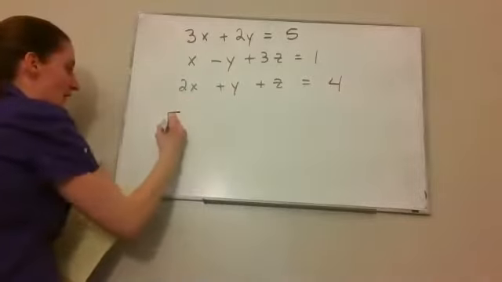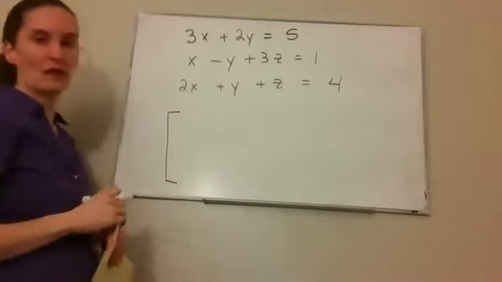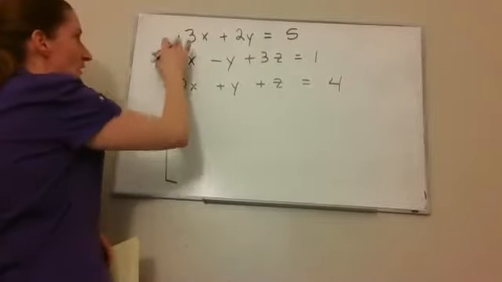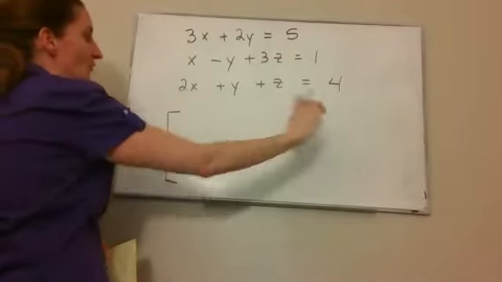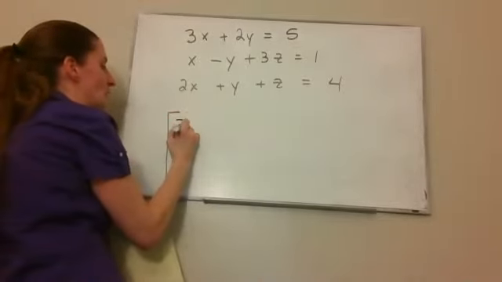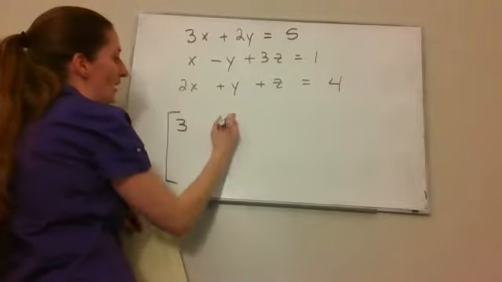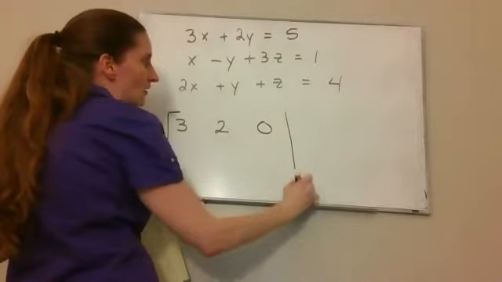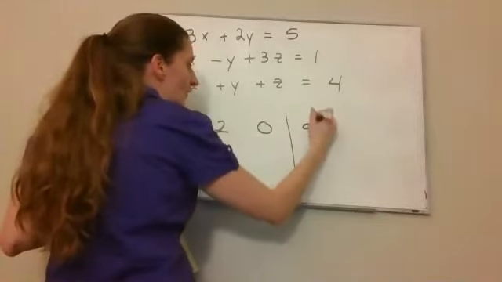And I can write this as a matrix, so just a rectangle filled with numbers, by taking the coefficients in each equation and filling in the row. So my first equation, my x had a coefficient of 3, my y had a coefficient of 2, my z has a 0, and my constant on the other side is a 5.